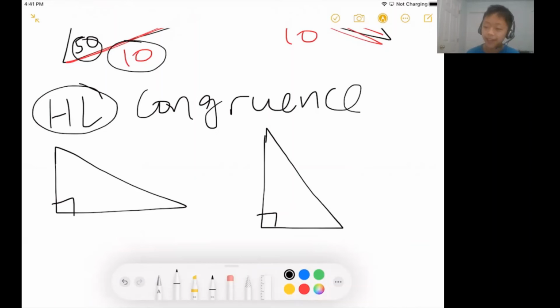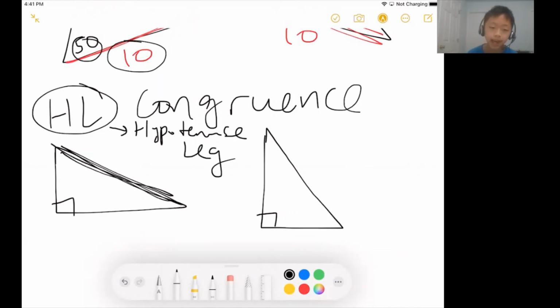So notice there are no A's and no S's in here, so this is a new abbreviation. And just in case people don't know, the hypotenuse of a right triangle is the longest length of the triangle. It's the length opposite the 90-degree angle.